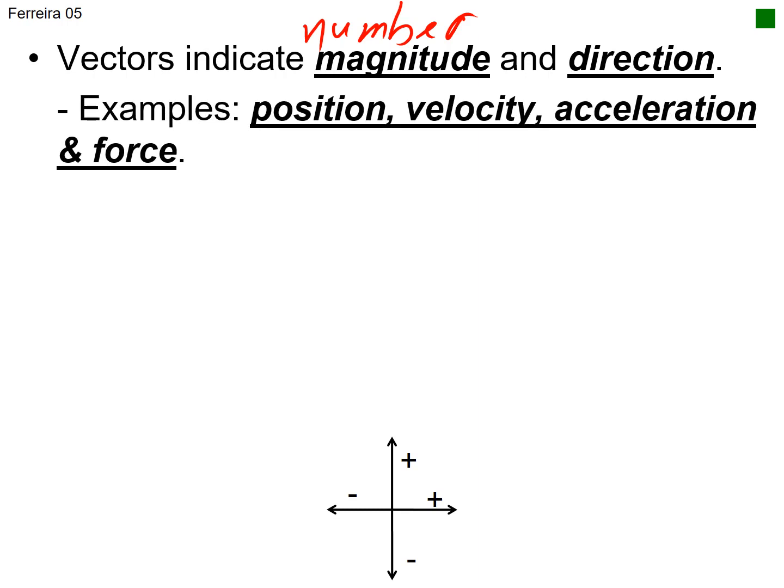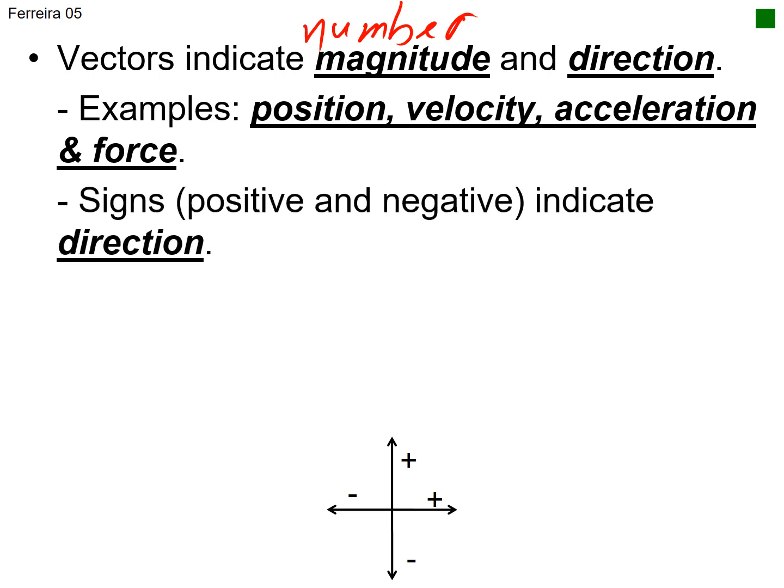So when we talk about those concepts, those physics quantities, we're going to have to take into account which direction they're pointing. So signs will be assigned to them. They are either going to be positive or negative. That's how we're going to indicate the direction.